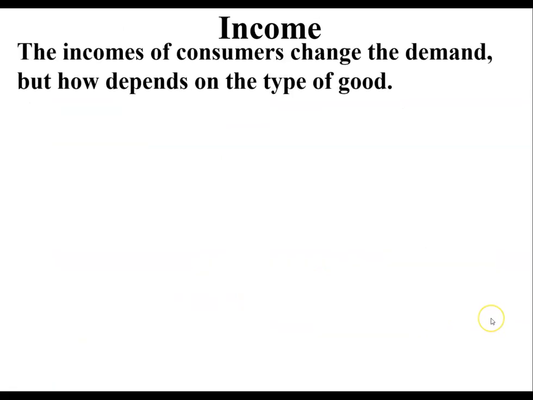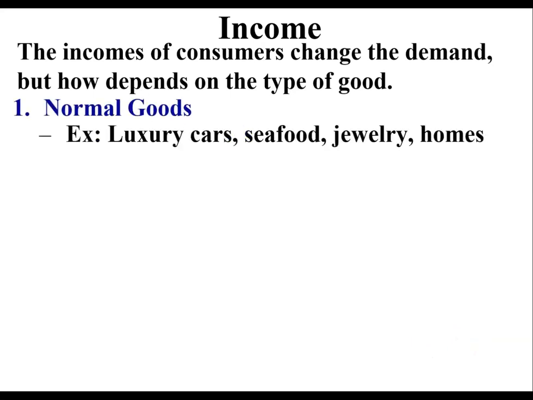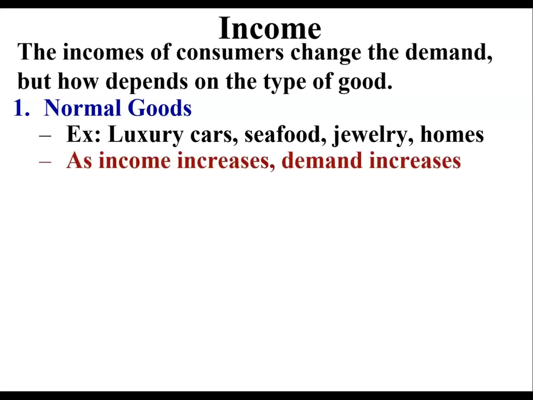The incomes of consumers change the demand, but how depends on the type of good. A normal good is something that you want to consume more of with the more money you have. So luxury cars, seafood, jewelry, homes. As your income goes up, the demand increases.